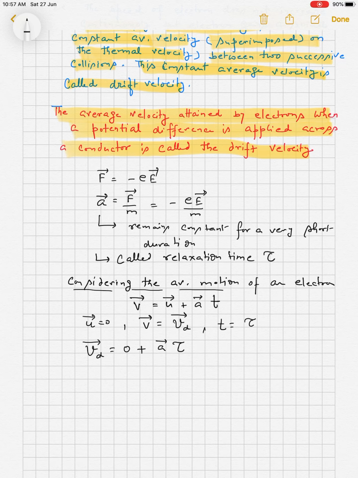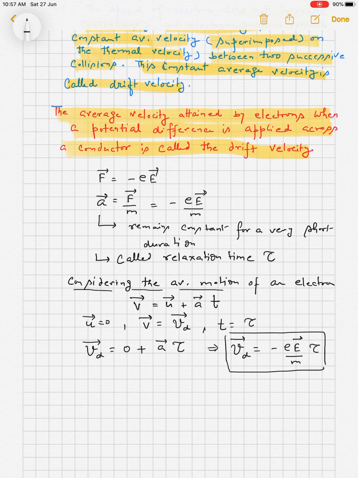Here the time is tau, the very short duration for which there is acceleration. Substituting the value of a, vd is equal to minus e upon m times tau.